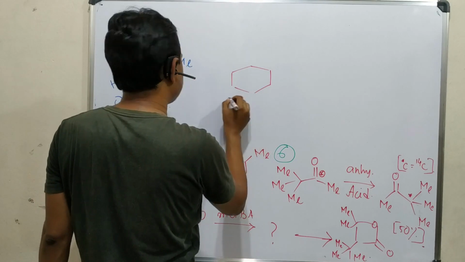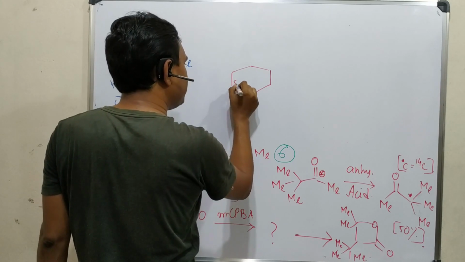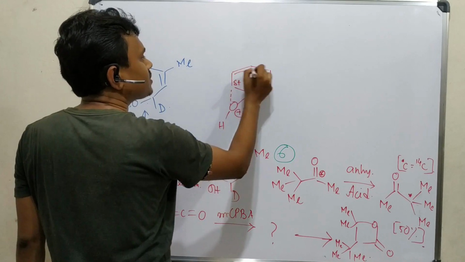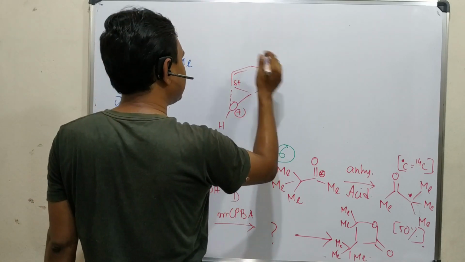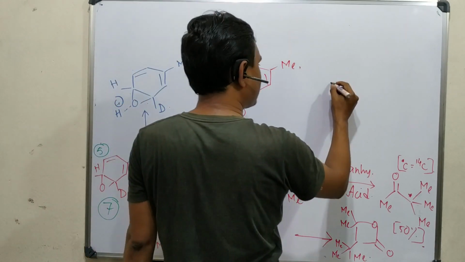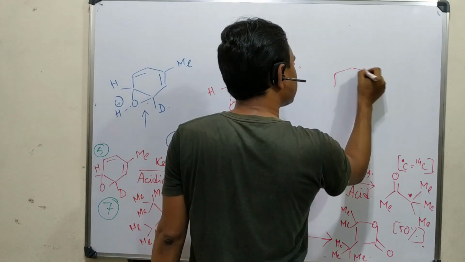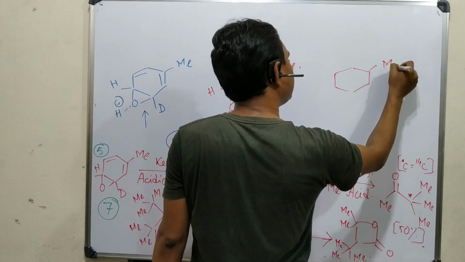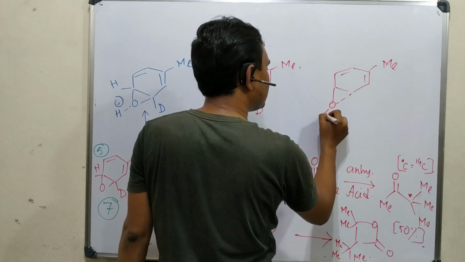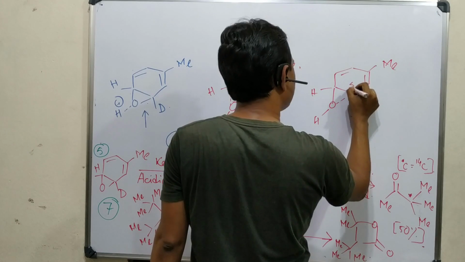So this is O. In one case, if this bond breaks, this is delta positive, with H plus, and this is the methyl. In the other case, this is the D, this is the H, and that could be methyl, and this bond may break. So this is the H, this is the D, and the delta plus charge will be here.